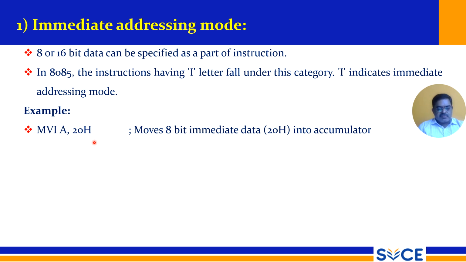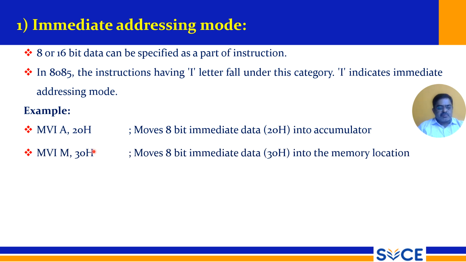The second instruction is MVI M, 30H. In the regular class I told you that M is the memory pointer, which points at some memory location address. In that memory location the data will be stored.